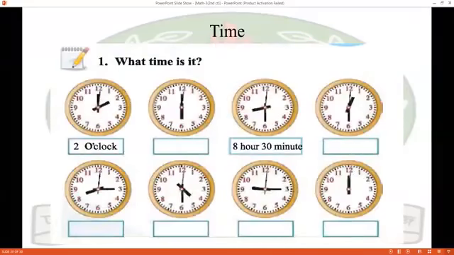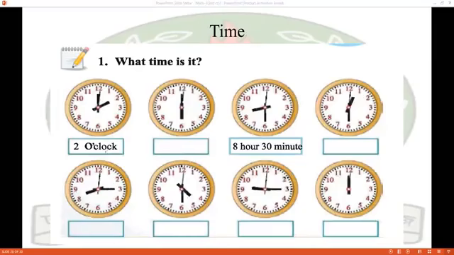You have to write the time of the different clocks. This is your homework. You can practice at home, and you can send it to me by personal messenger. The first one is given for you.